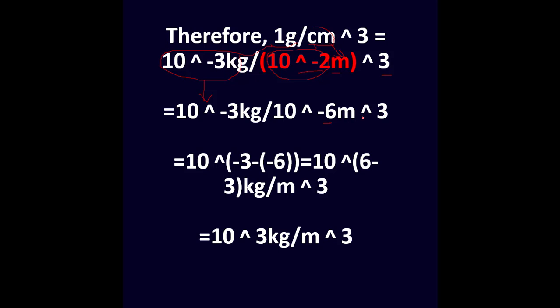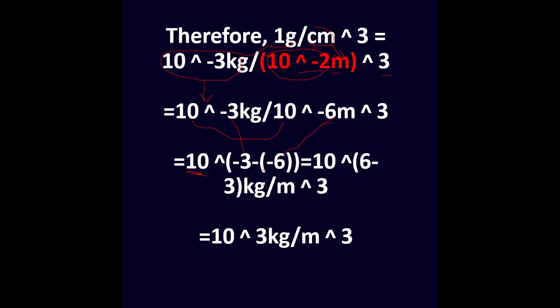All right, so let's try simplifying this. Using indices again, when you're dividing indices with the same base, in this case 10, you maintain it and then subtract the indices. In our case, negative 3 and negative 6.